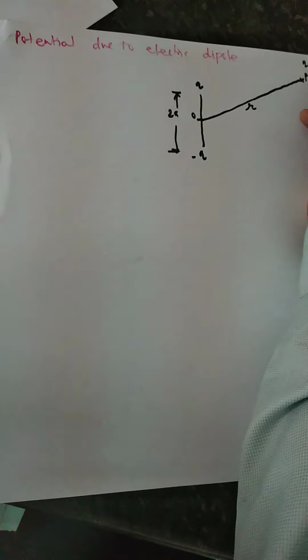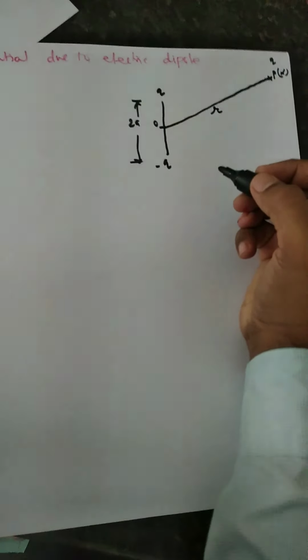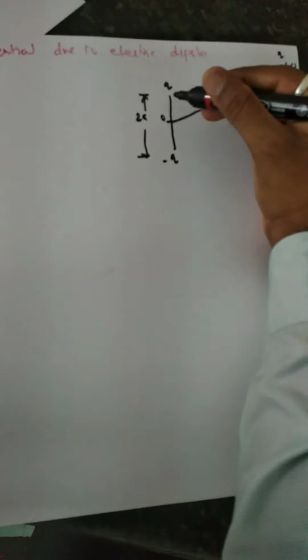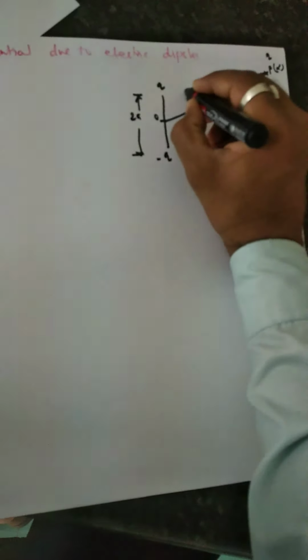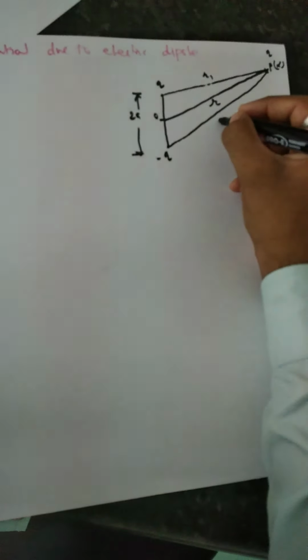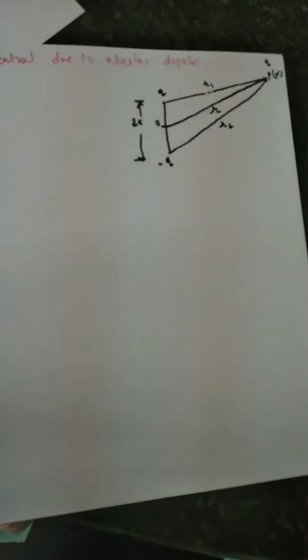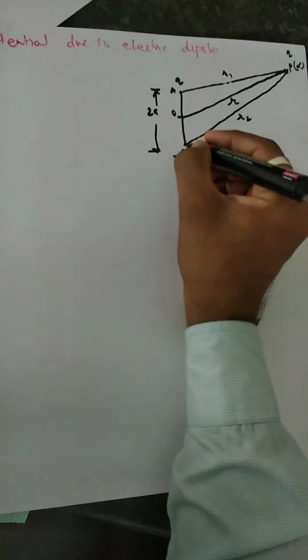The distance of this unit charge from the midpoint of the dipole is r, the distance of the same unit charge from charge q is r1, and from charge minus q is r2. Suppose this is a, and this is b.